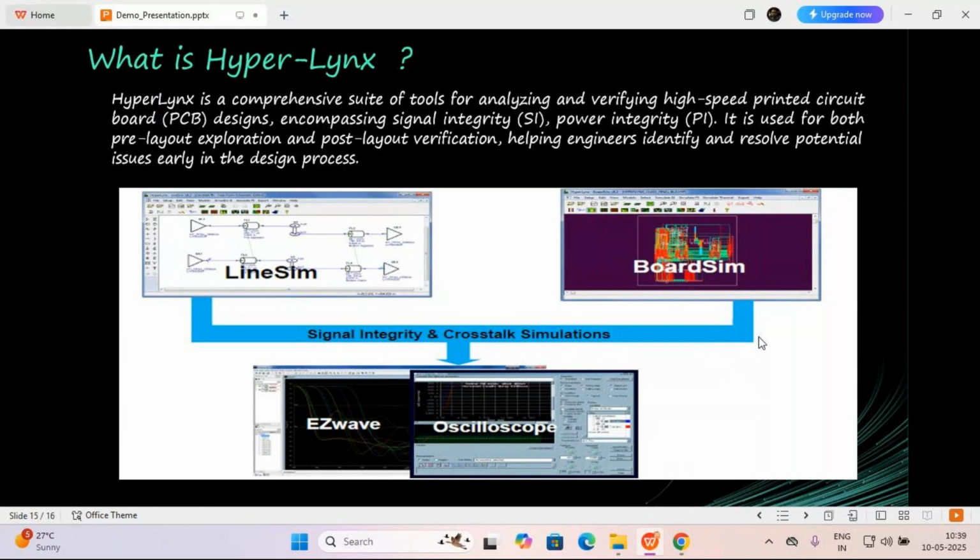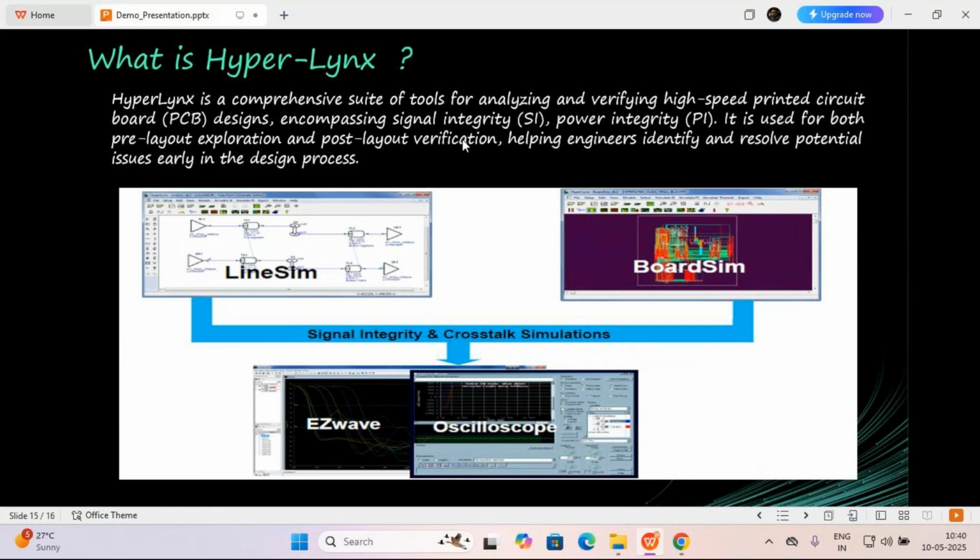Okay. So HyperLynx uses both pre-layout and post-layout. Pre-layout is the one before the layout is done. Once the design requirement comes, you will run a pre-layout simulation in which you will decide how to design a via, how to give the termination, how to do the stack-up designing, and how to do the placement of the discrete components.